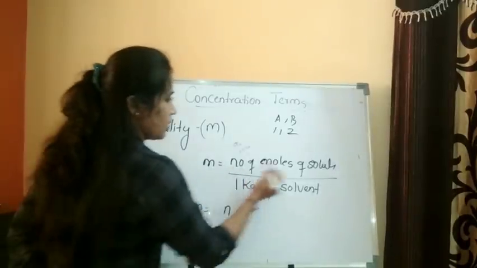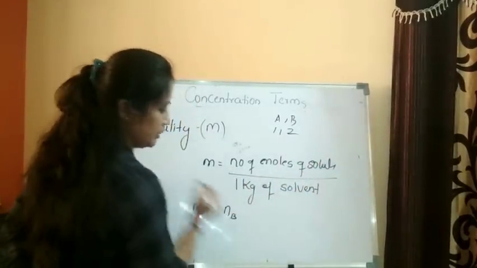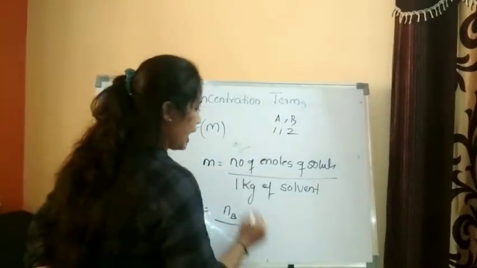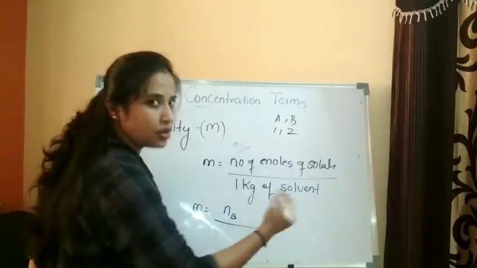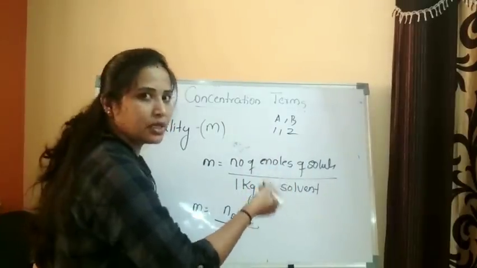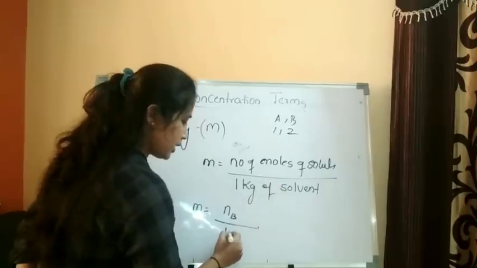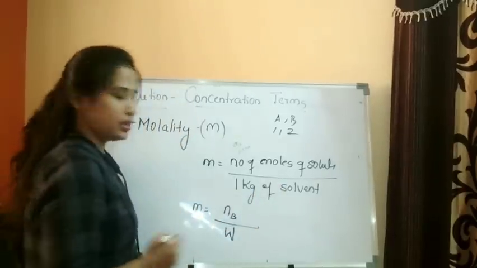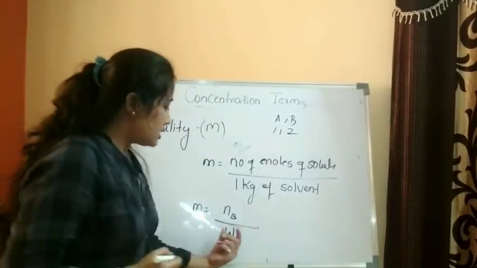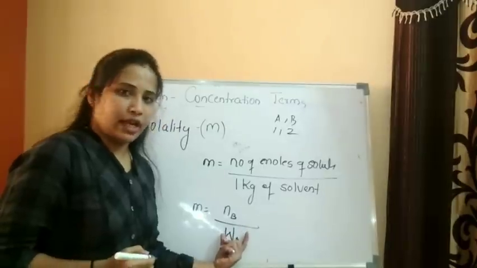So the number of moles of the solute is nB, since B I have taken as the solute. The definite mass of the solvent, 1 kg, is a weight, so I am going to write W, and we can write WA because it is the exact weight of the solvent that we are taking.